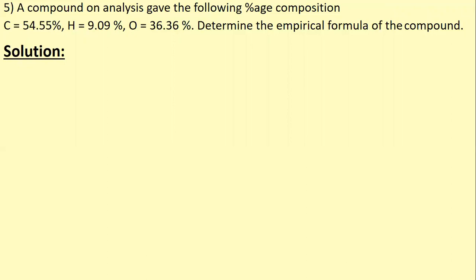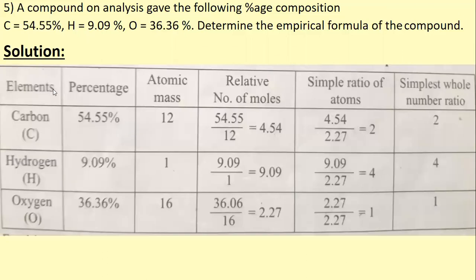Using the data, first of all we have to frame a tabular column. Here for carbon 54.55% and then hydrogen and oxygen. The atomic mass of carbon is 12, hydrogen is 1 and oxygen is 16. Now we have to calculate the relative number of moles.